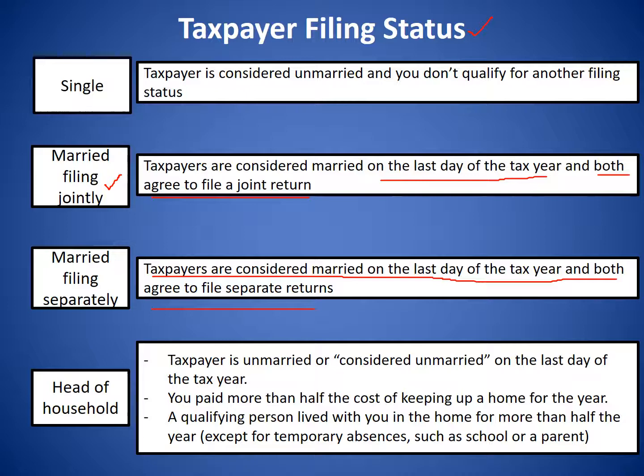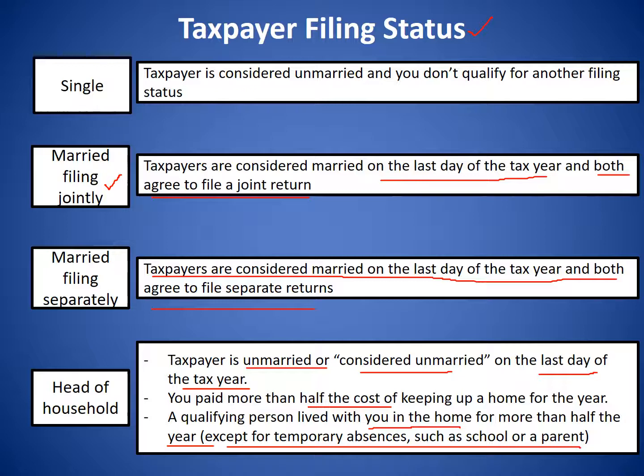Head of household. Okay, a taxpayer is unmarried or considered unmarried again on the last day of the tax year. The taxpayer paid more than half the cost of keeping up the home for the year, and a qualifying person lived with the taxpayer in the home for more than half the year, except for temporary absences such as school or if you have a parent.